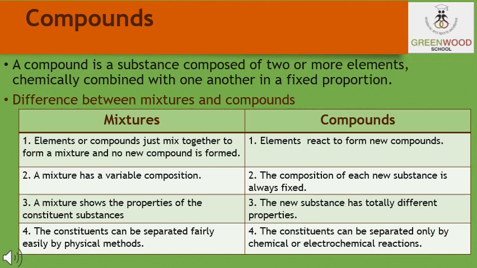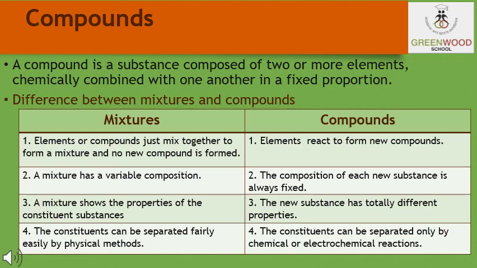Now students, we have already discussed the mixture in our previous video. But there is a difference between the mixtures and the compounds. So let us discuss. So students, in a mixture, elements or compounds just mix together to form a mixture and no new compound is formed.